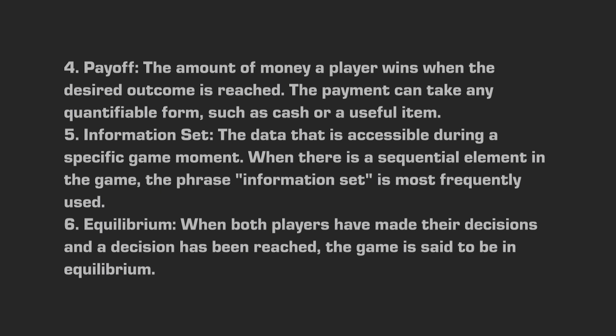An information set, on the other hand, is the data that is accessible during a specific game moment. When there is a sequential element in the game, the phrase information set is most frequently used. The term equilibrium means that when both the players have made their decisions and a decision has been reached, we say the game is in equilibrium.